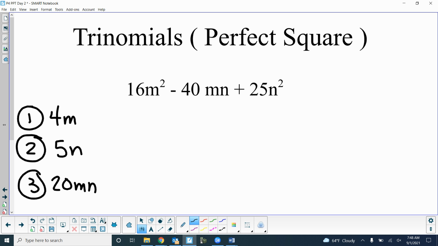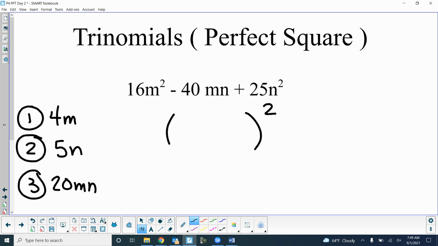Okay? So I took the square root of the first term, took the square root of the third term, then I multiply those two answers together. And if that answer was half the middle term, the b value, then it's one of these special ones. And then if you recognize that it's one of these, you can factor it like this. You're just going to make one set of parentheses, and you end up squaring it.